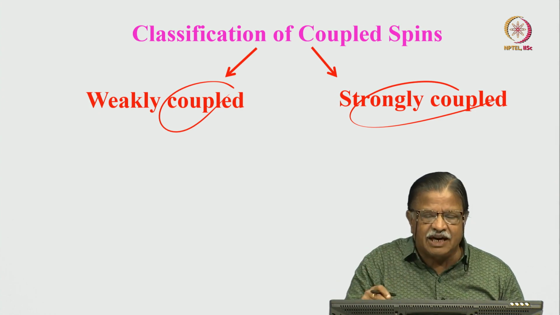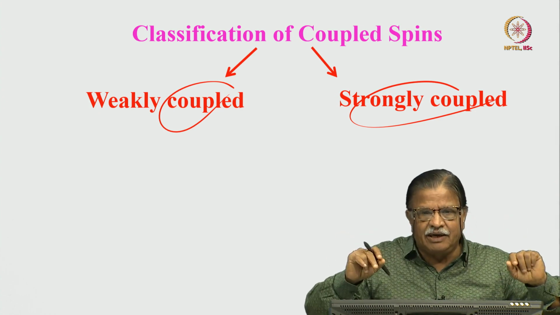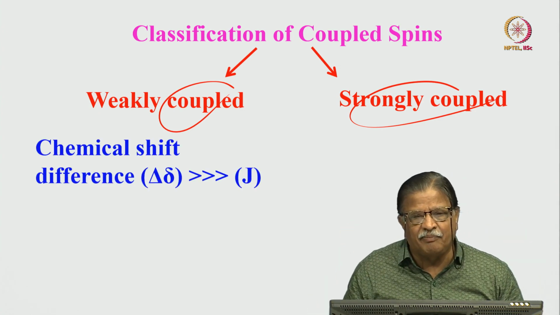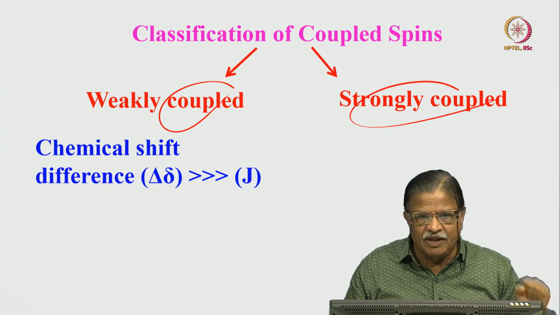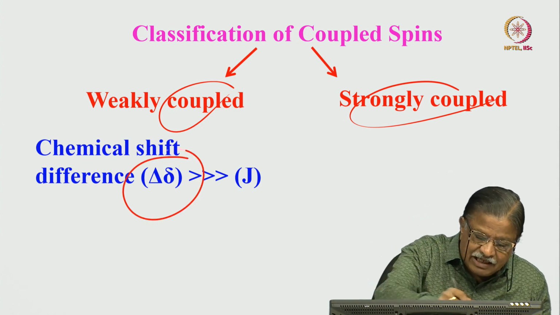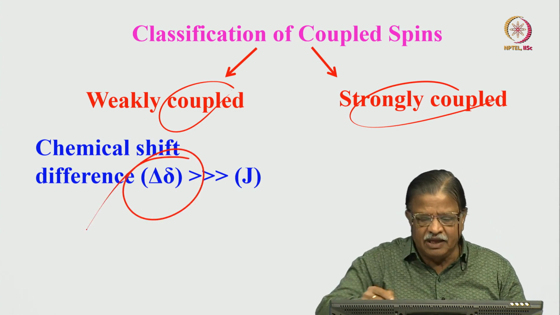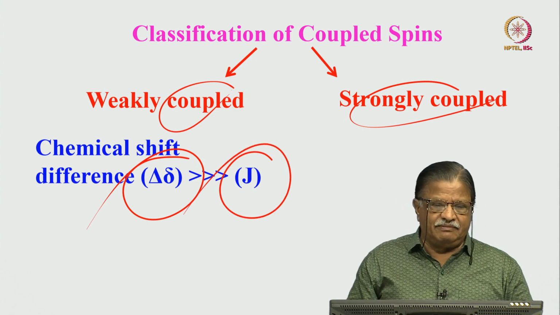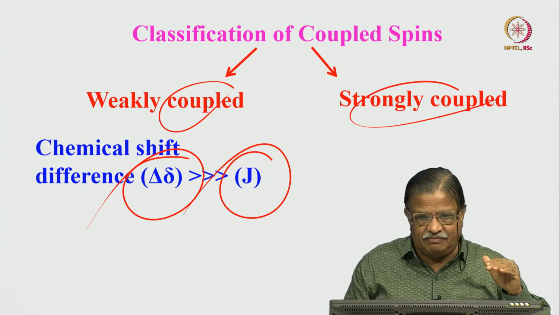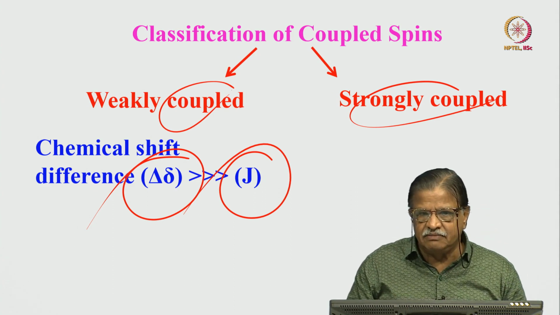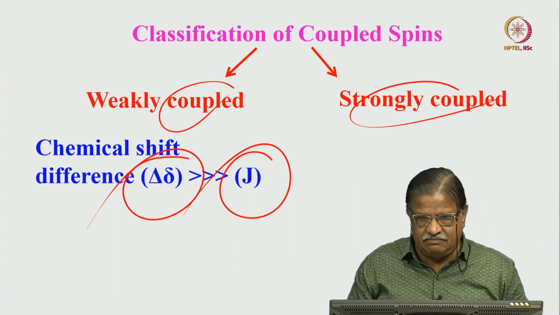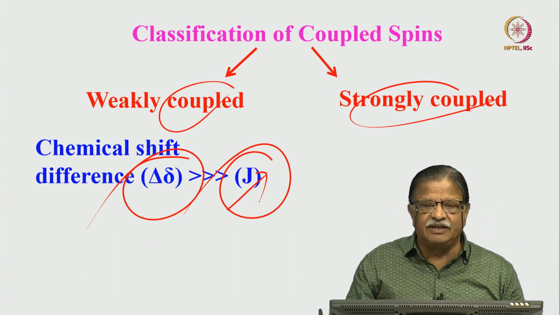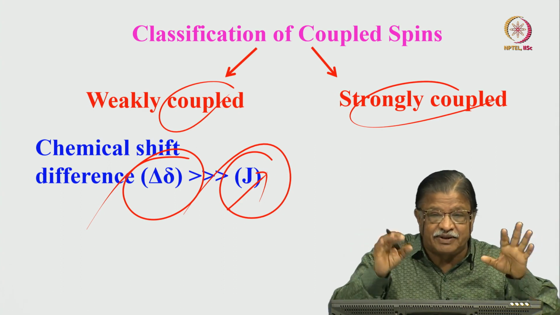The way to understand whether two protons are strongly coupled or weakly coupled is different. You have to measure the chemical shift difference between the two coupled spins and measure the J coupling. If the chemical shift difference between two coupled spins is very large compared to the coupling strength, then they are called weakly coupled spins.